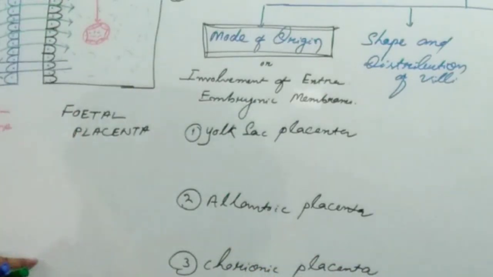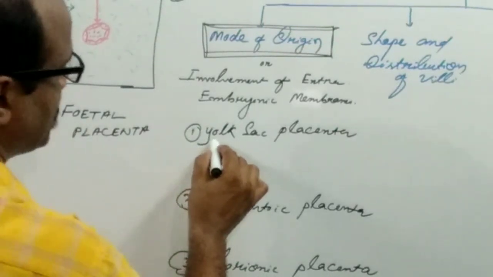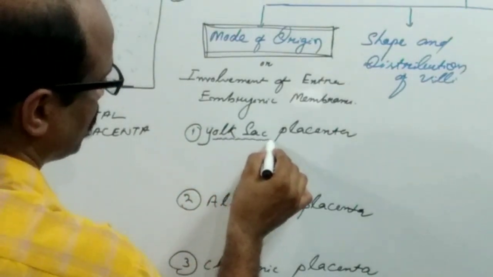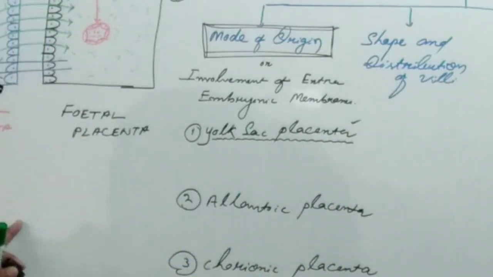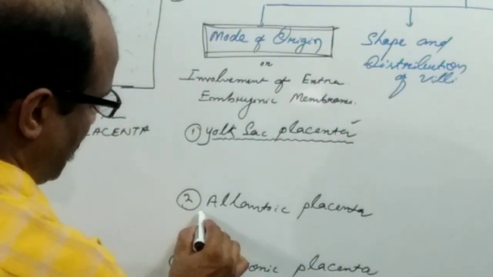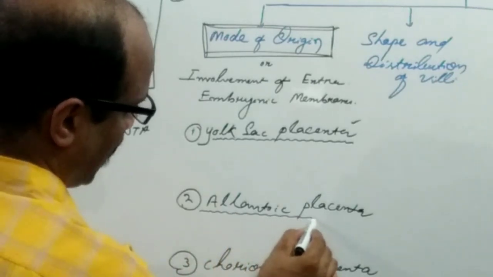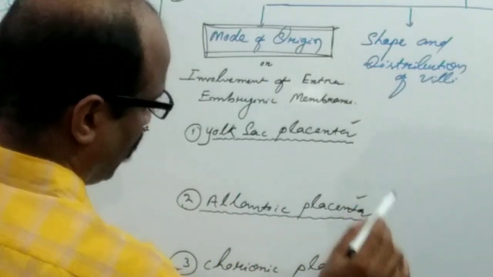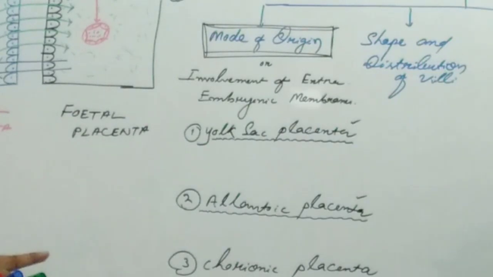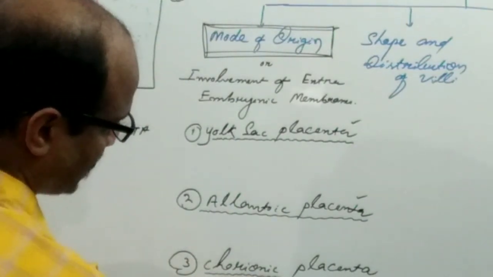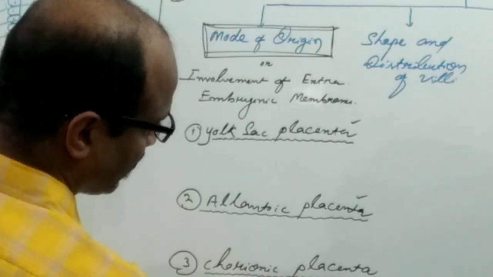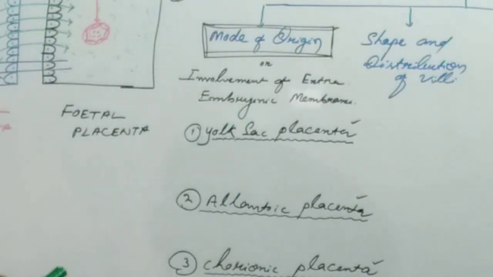Here the name indicates that the yolk sac is involved in the formation of the placenta, that's why it is known as the yolk sac placenta. In the allantoic placenta, the allantoic sac is involved in the formation of placenta. And the name of the chorionic placenta indicates that the chorion is involved at the time of development of placenta.